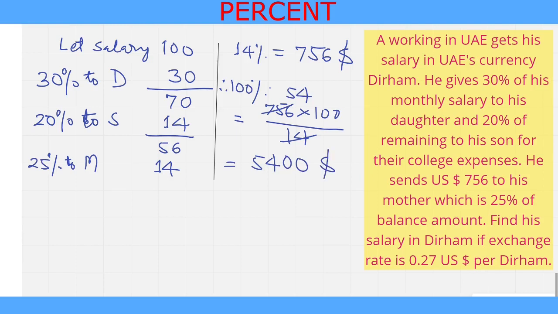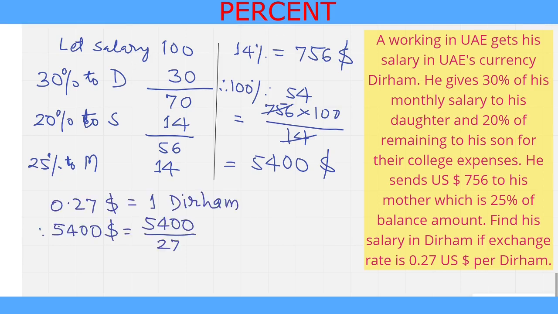Now we have to convert 5,400 US dollar into dirham, and the exchange rate given to us is 0.27 US dollar equal to 1 dirham. Therefore 5,400 US dollar equal to 5,400 divided by 0.27.